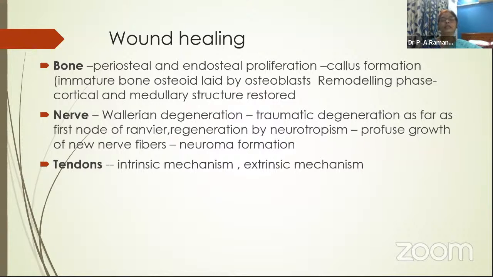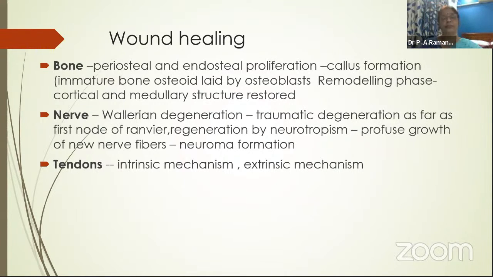The sprouts of new nerve fibers are called neuromas. These neuromas are very painful, and they remain a cause of concern and pain, and this may not serve any purpose sometimes. Now, what are the tendons doing?